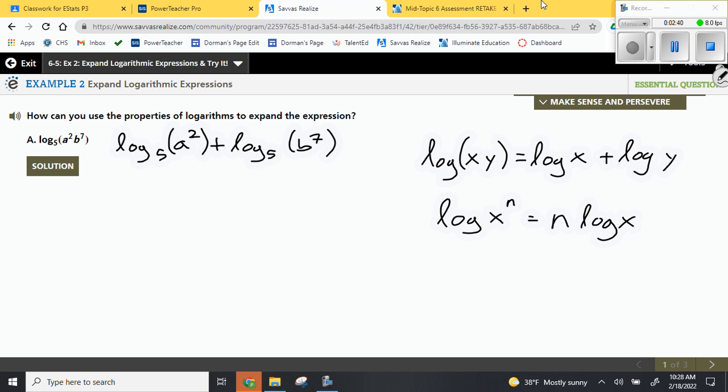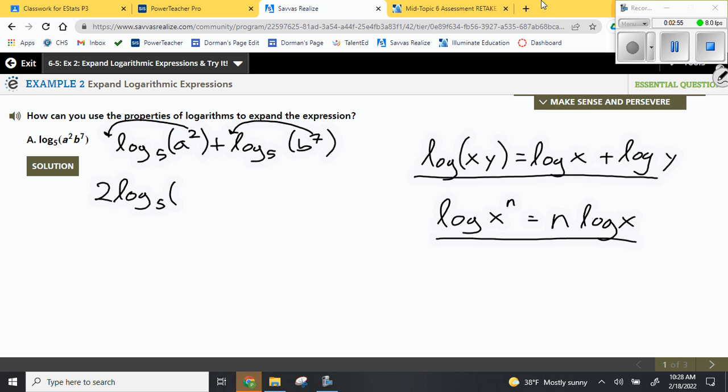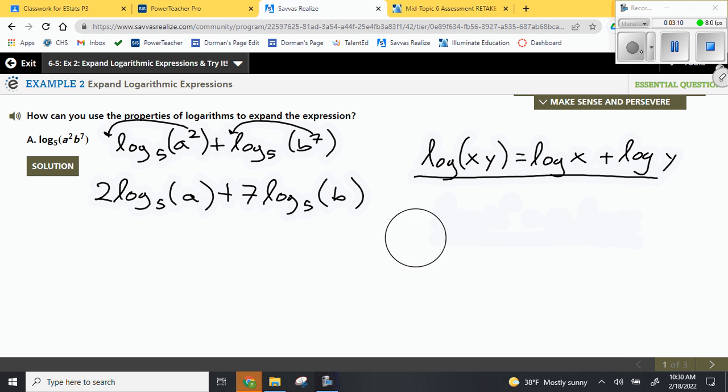Now I'm going to use this property that tells me basically that I can take this exponent and pull it out to the front, and I can take this one and pull it out to the front. So I'll write this as 2 log base 5 of a plus 7 log base 5 of b. And that's it. I can't do anything more to simplify it. Done.